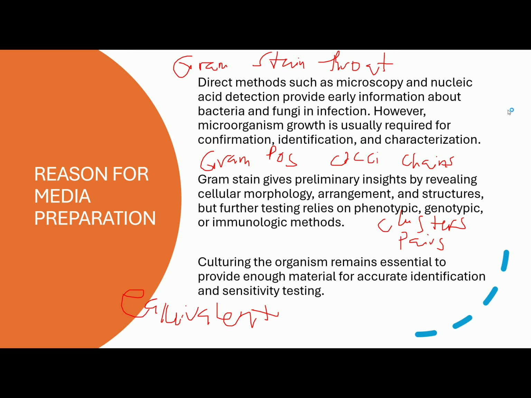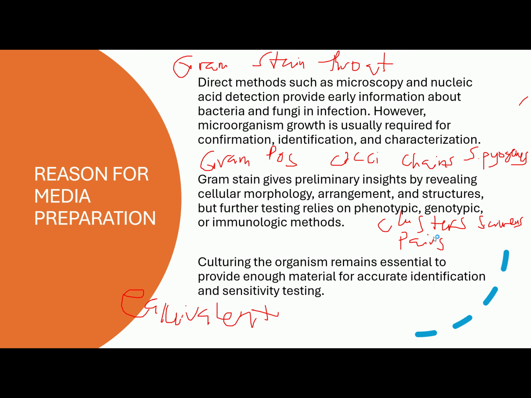This could be an identifier for the bacteria Streptococcus pyogenes. If your Gram stain shows Gram-positive cocci in clusters, this is a presumptive identification of the bacteria S. aureus. So it basically gives you a screening identification for what possible bacteria that is.